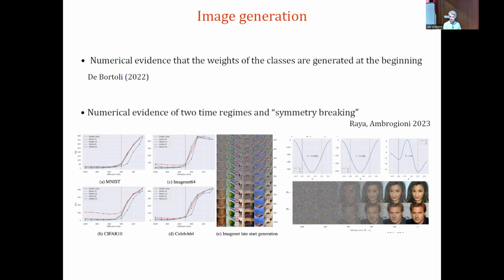Then there is another numerical evidence which comes from a paper which is very recent, from June 2023. Here, you cannot see it, but it's not important. What they do is exactly what I told you. They run the Langevin process until a certain time, and then they go back.